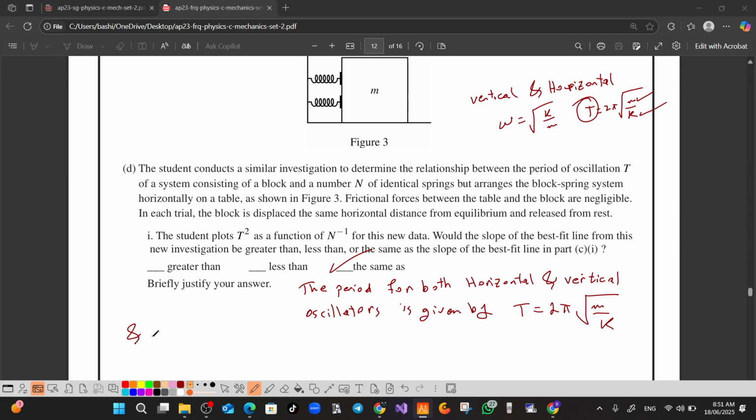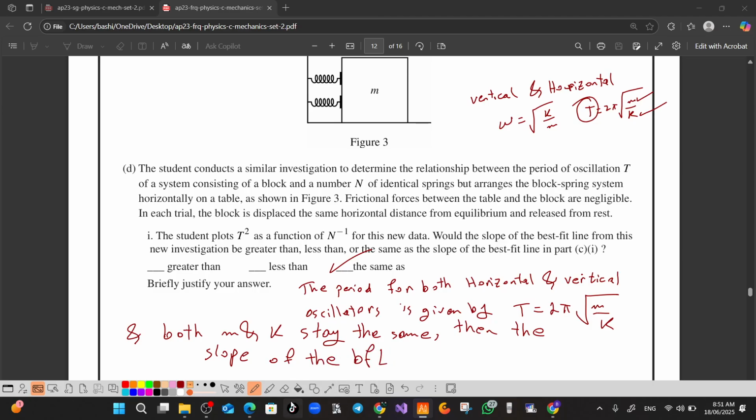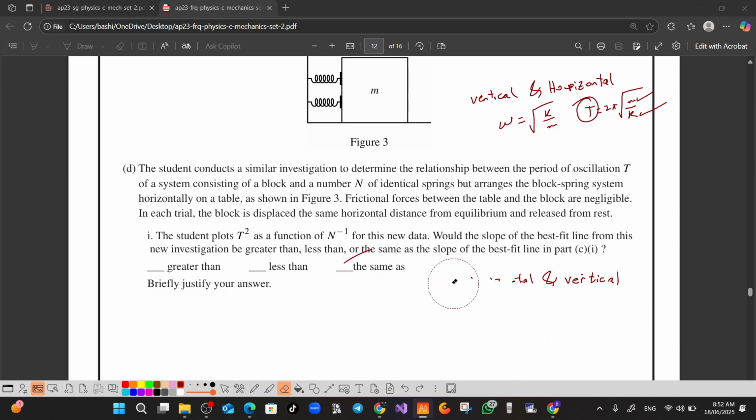And both m and k stay the same. Then the slope of the best fit line, BFL, is the same. Expected.